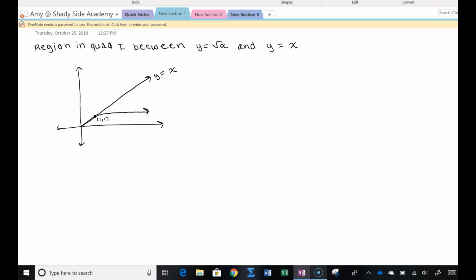Yes. Shade the area between y equals root x and y equals x in quadrant 1. Okay. Just the area between these two curves.